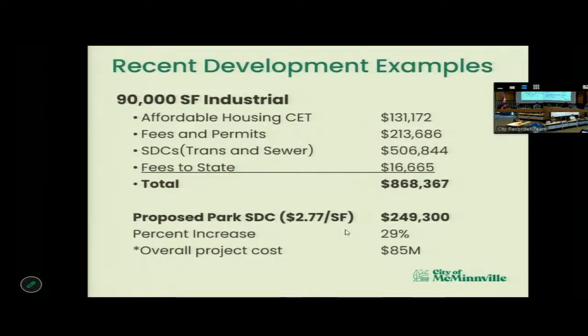Counselor Tukolsky? Yeah, I had a question you may or may not be able to answer. We're talking about SDCs for the city itself. If someone wants to develop just outside the city boundaries, do you have any idea exactly what those SDCs are with respect to ours? Outside the city boundaries, so in the county? Yeah. The county does not have SDCs, but some of these developments wouldn't be allowed in the county because it doesn't have the zoning to allow these types of developments. I agree with you.